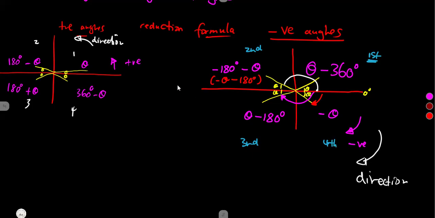So if you understand this, our conclusion now is that as positive angles, the way they gave us, the corresponding reduction angles are like, remember our reduction formula. It is the same thing even for the positive angles as long as we are in the same quadrant.